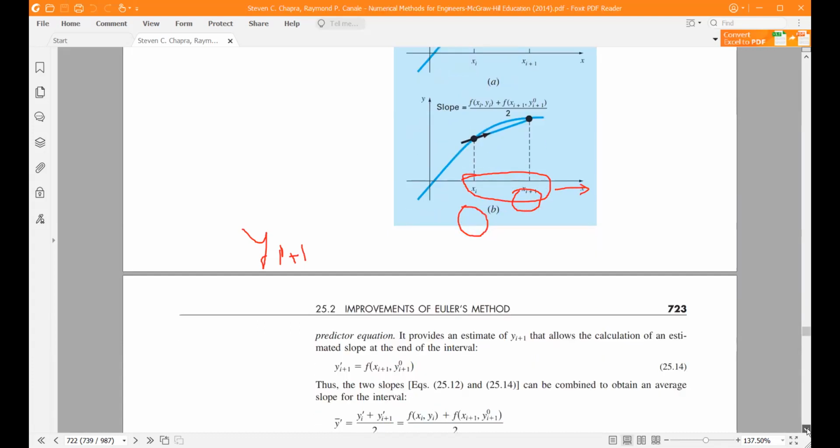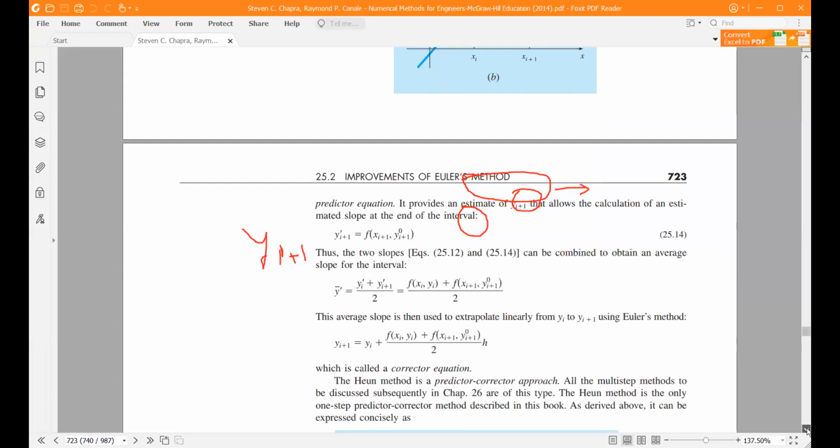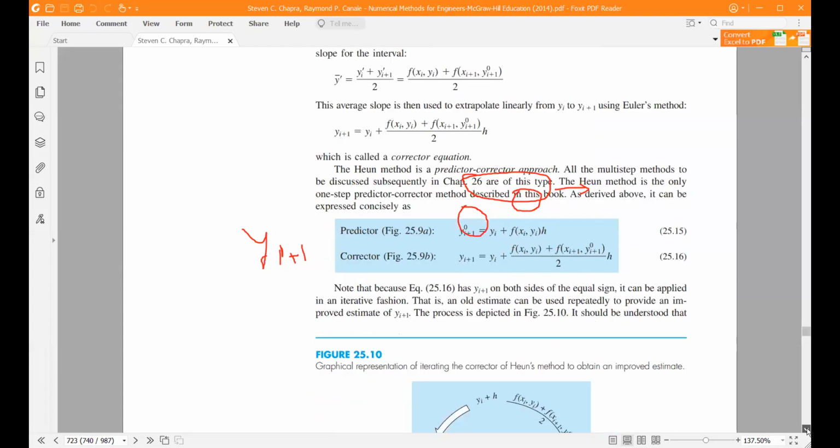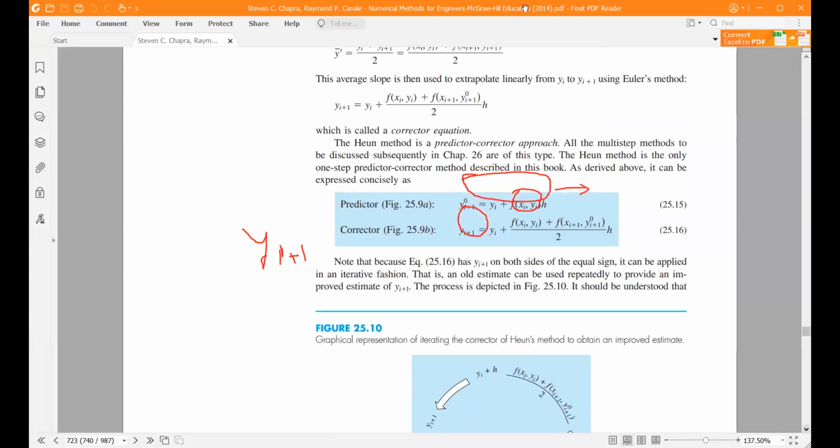All this process has been summarized in these two equations, 25.15 and 25.16. The former equation, 25.15, is called the predictor, and 25.16 is called the corrector equation.